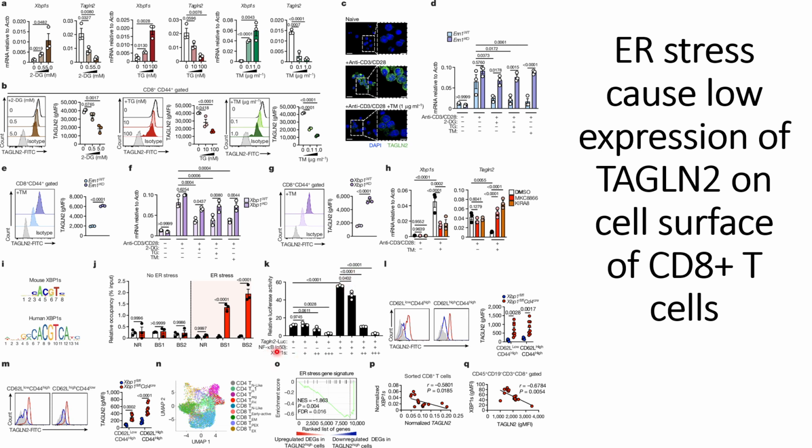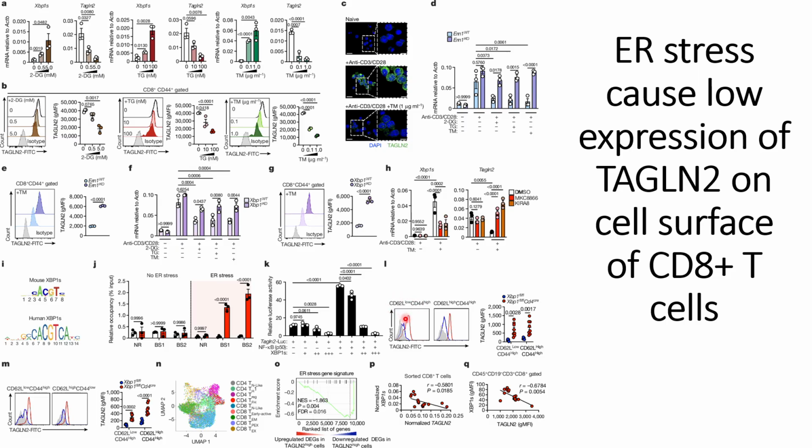However, when they also inject this XBP1, they see reduced expressions of this TAGLN2, indicating that XBP1 has a negative relationship, whereas NF kappa beta has a positive relationship with TAGLN2 expressions. And they have validated these positive and negative relations in various kinds of T cells.